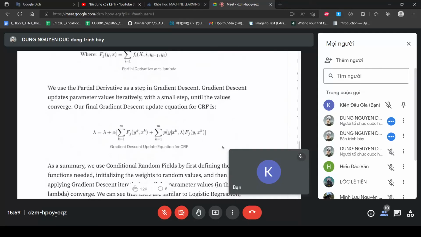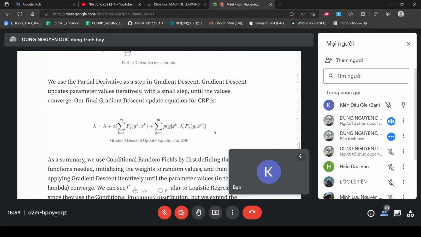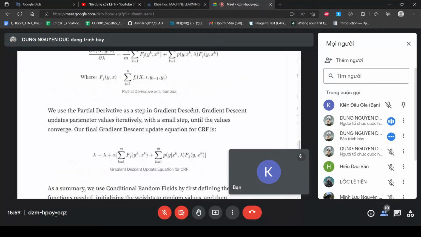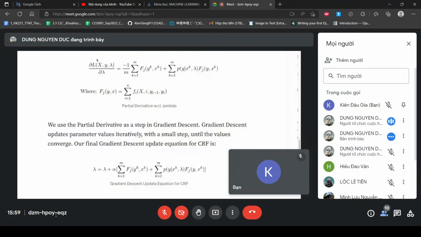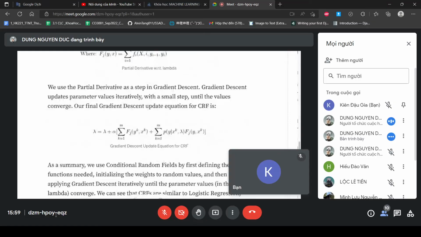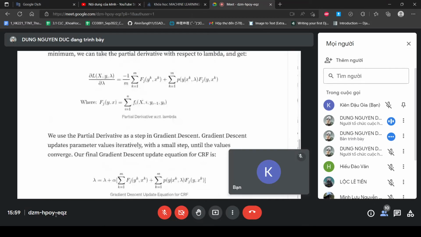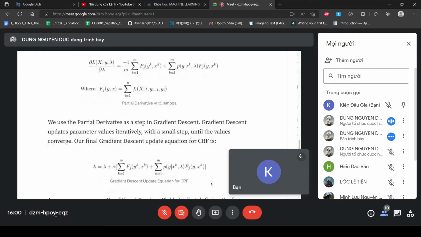If you keep computing this, it will end up with the gradient update equation, because this one on top is the derivative of the loss function with respect to lambda. Therefore, you can apply gradient descent to update the lambda over time using these feature functions. Over and over, after a while, you will get all the lambdas you have.